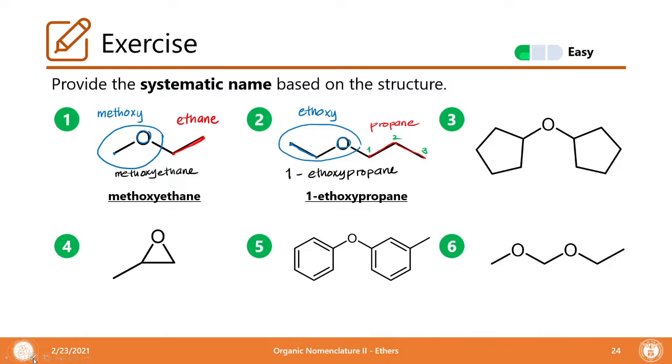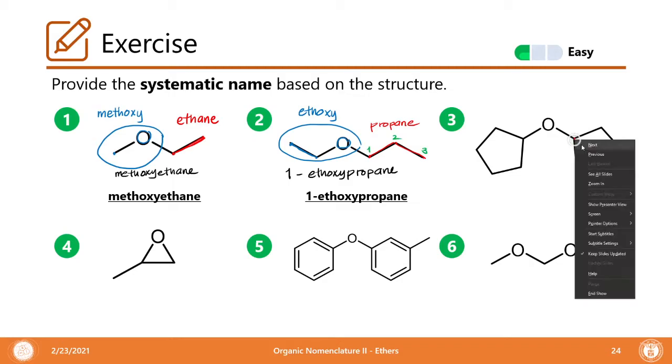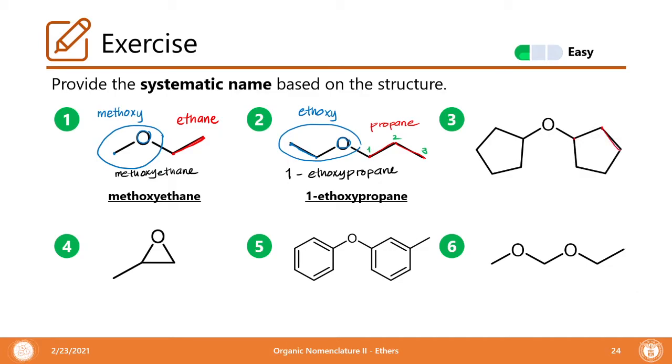Okay, so for number 3, we have a symmetric ether, and we have a cyclic compound on each side. So we just choose one, and then we form the parent name. So 1, 2, 3, 4, and 5.